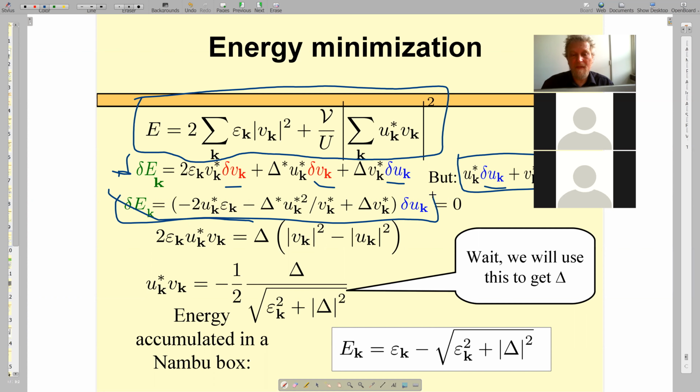Okay, and that has to be 0. And look, that gives me the relation between u's and v's at each k, which I can solve, again, using the normalization condition.